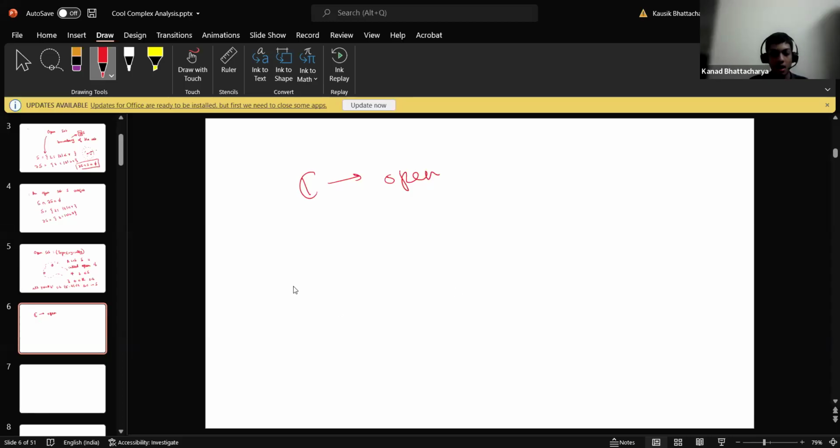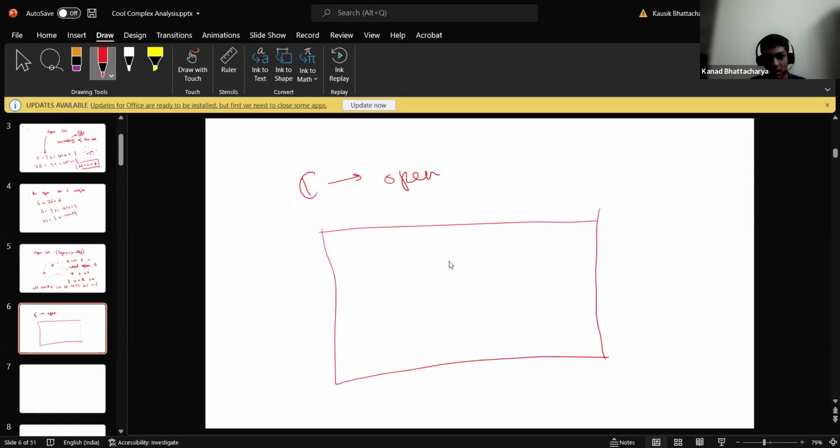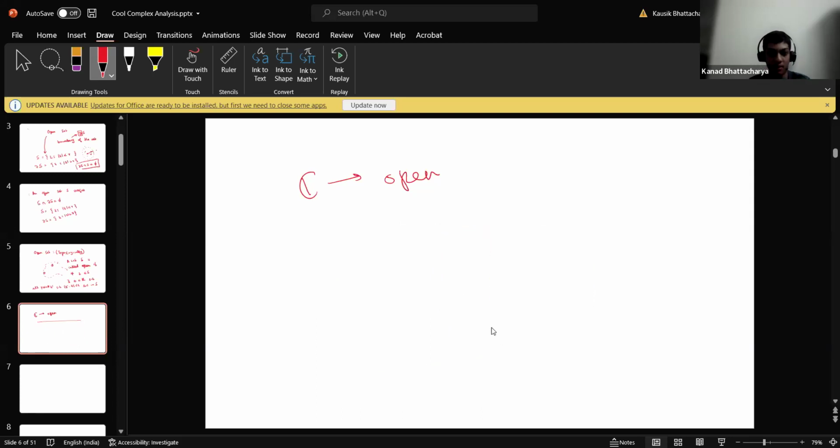Okay, I'll give you an example of an infinite set which is actually not open. Let's say this is our complex plane, or at least some section of it. Let's say this is the grid x, y.